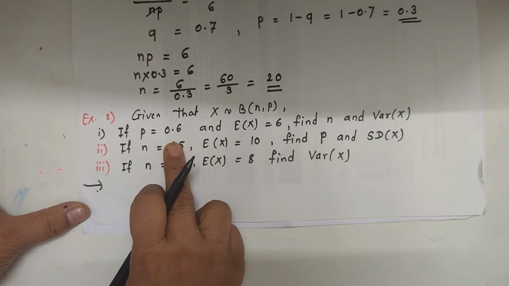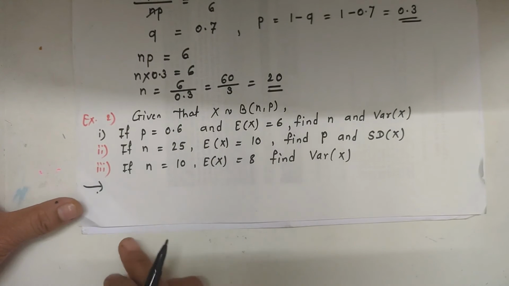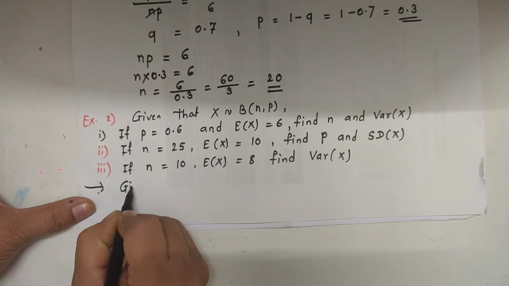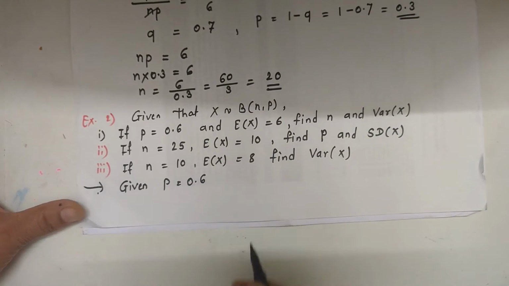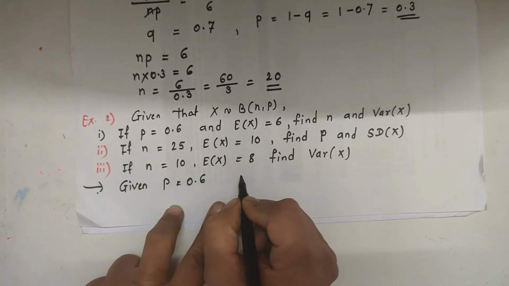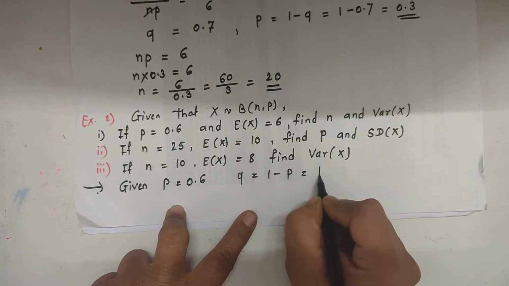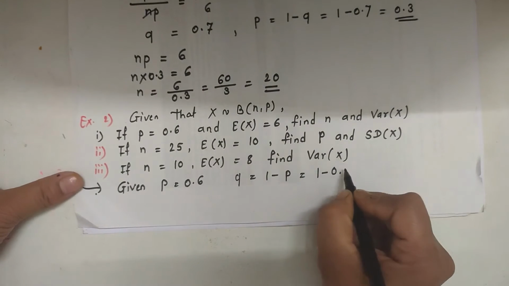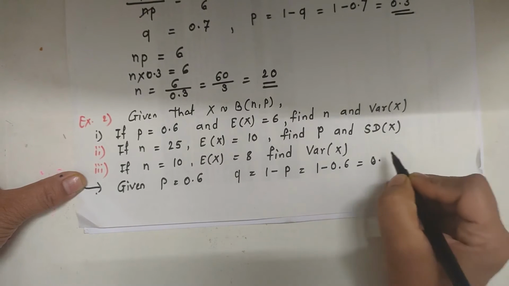If p is equal to 0.6 and E of x is equal to 6, here p is given as 0.6. Then from this value of p, we get q is equal to 1 minus p, that is, 1 minus 0.6 is equal to 0.4.